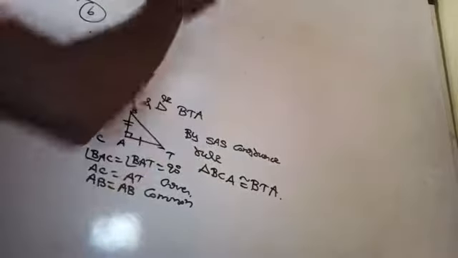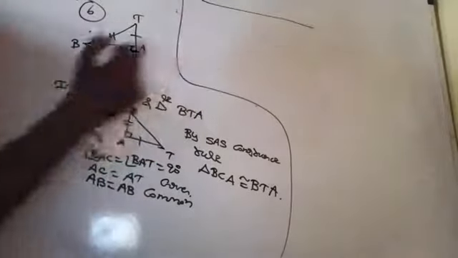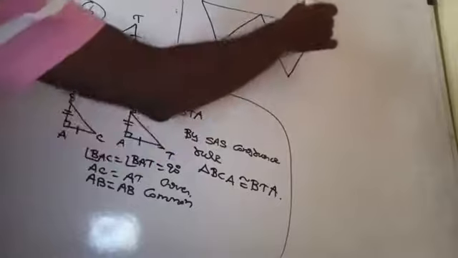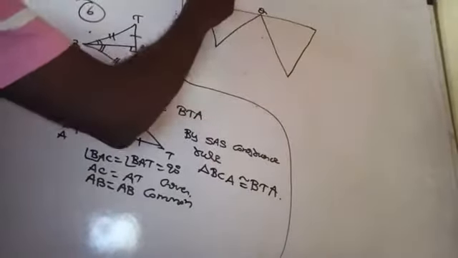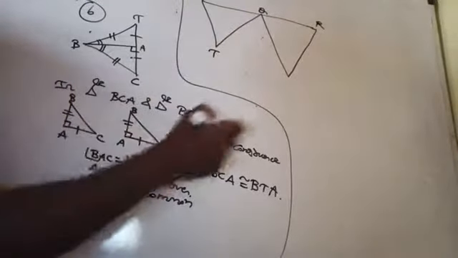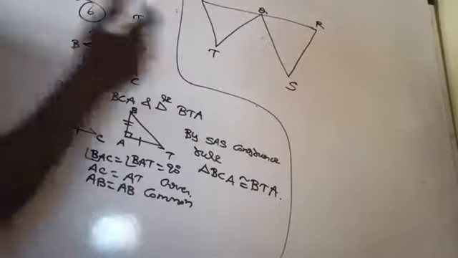In the same question, the second part is given. It is Q, P, R, then T, then S. Angle T equal to angle Q, it is given.